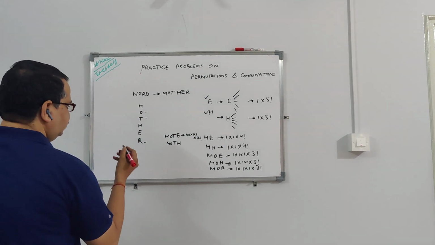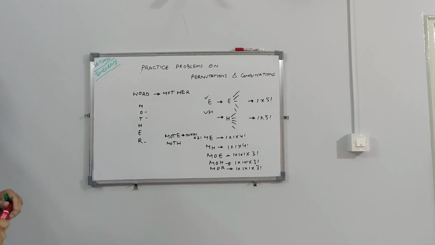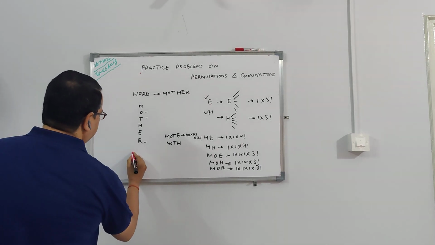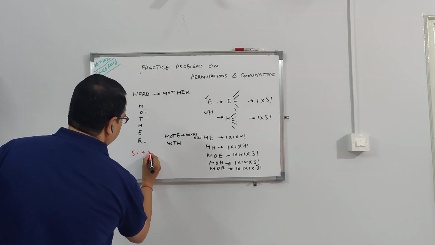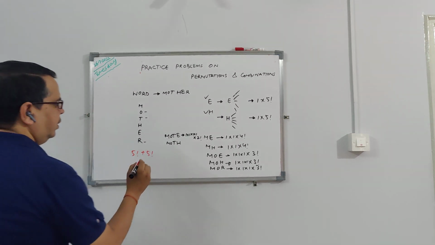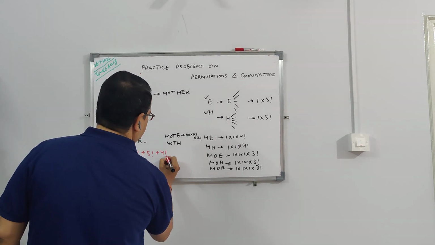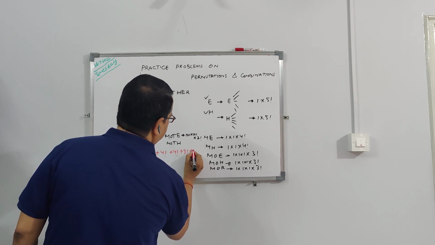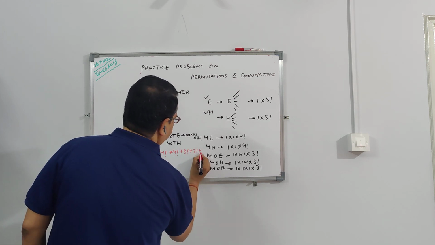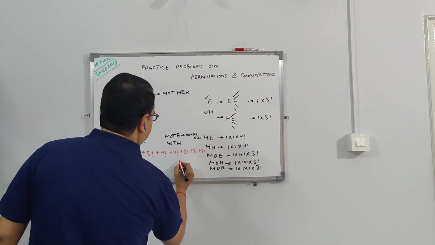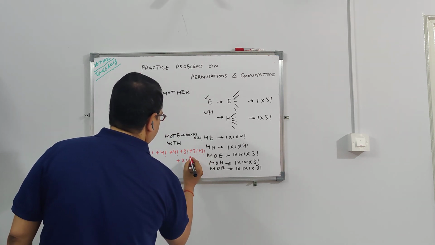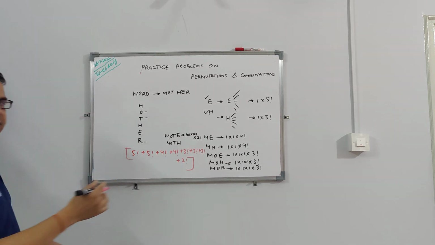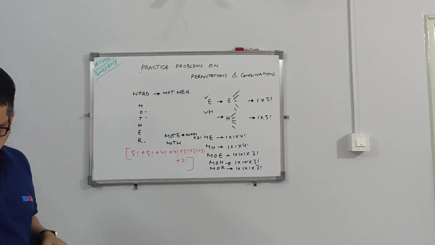So the position of this word MOTHER will be 5 factorial plus 5 factorial, plus 4 factorial plus 4 factorial plus 3 factorial plus 3 factorial plus 3 factorial plus 2 factorial. After this only your MOTHER is going to come.